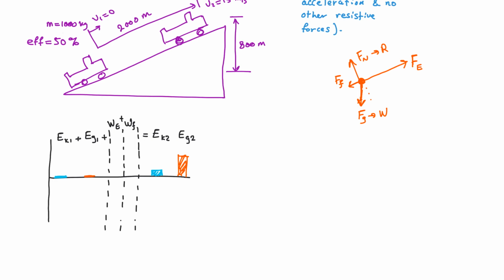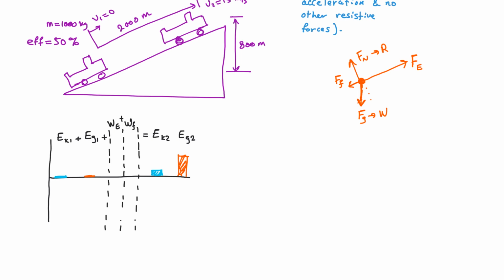Now, in terms of the energies, we can see that we get 0 kinetic energy, 0 gravitational energy, but we have some kinetic energy and some gravitational energy here, and these energies need to come from somewhere. In addition, as the car is traveling upwards, it's going to lose some energy due to the frictional forces of the tire touching the surface, and that friction is going to reduce the total energy from stage 1.